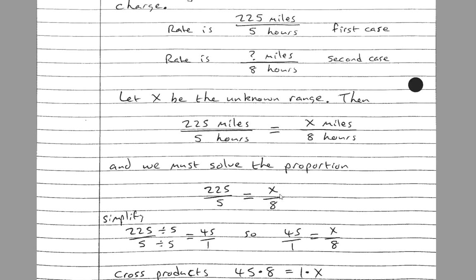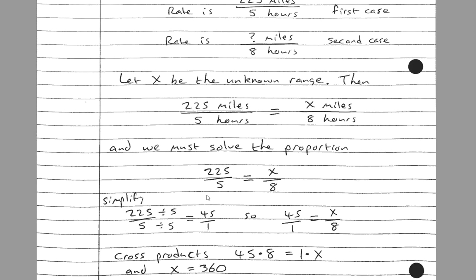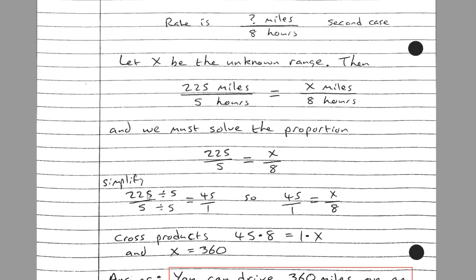Okay, so now we're back to solving a proportion like we were doing in the last 2 sections. Remember, there are 3 steps. So first step, see if you can simplify the fraction on one side. There's a common factor of 5 here, so we can cancel 5s to get an easier proportion.